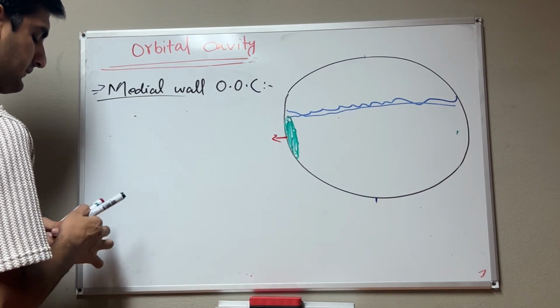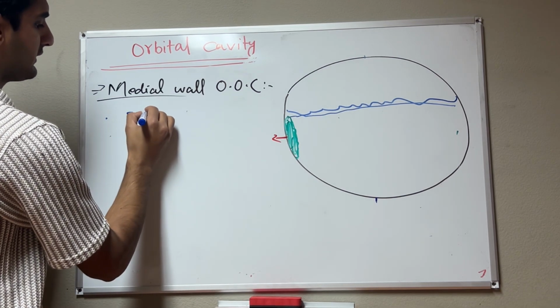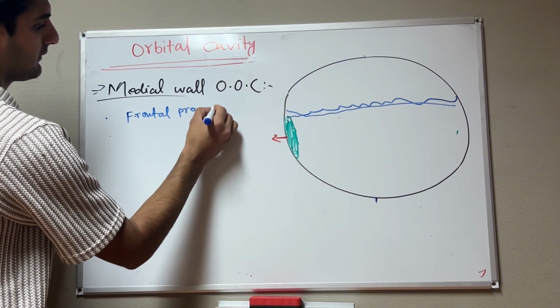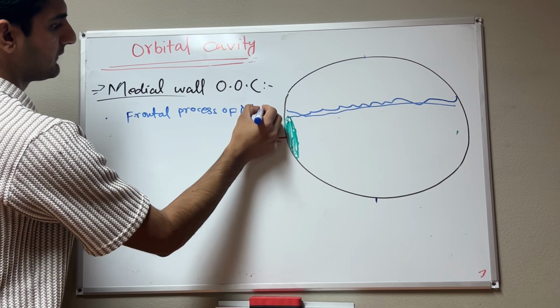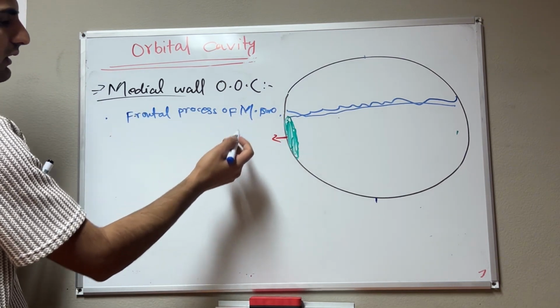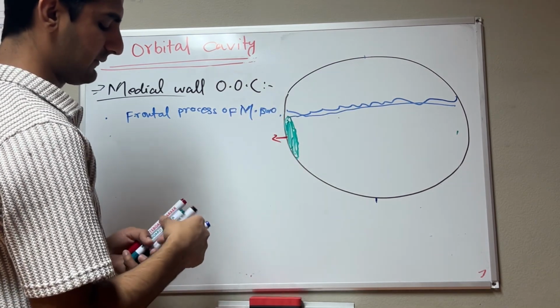We will write here: the frontal process of the maxilla bone, or processus frontalis of os maxillare, takes part in the medial wall.